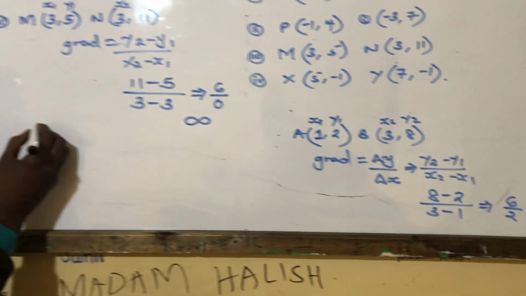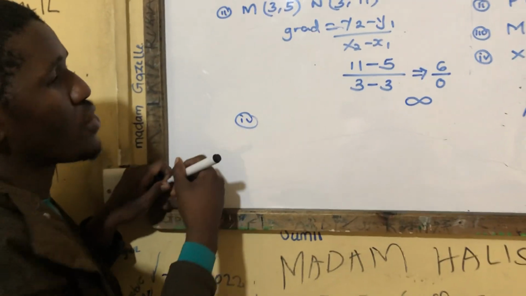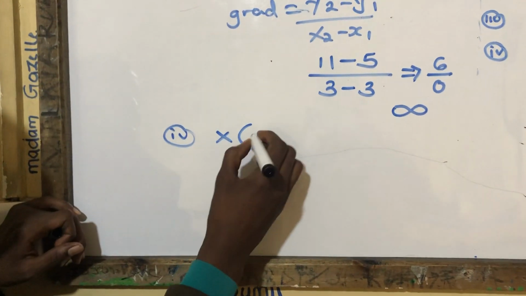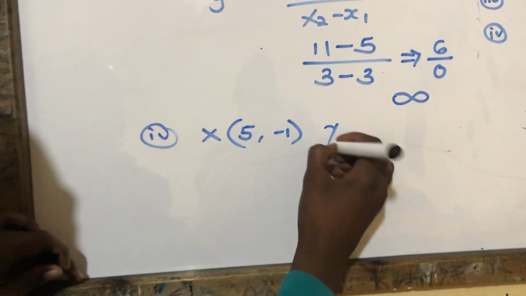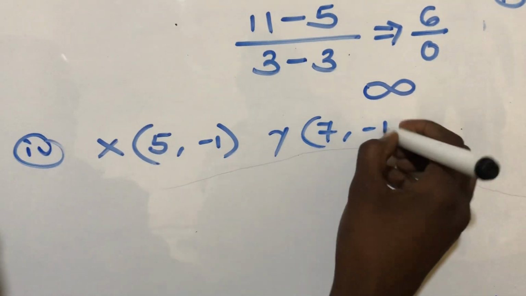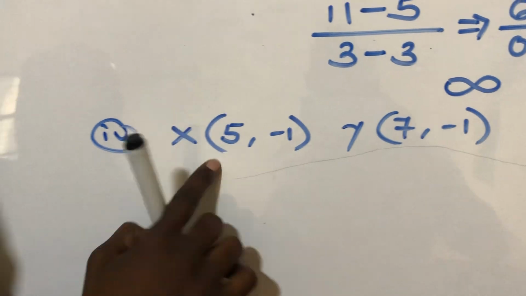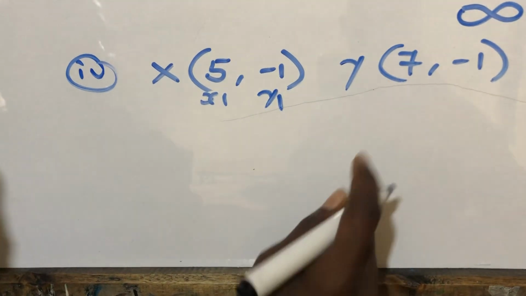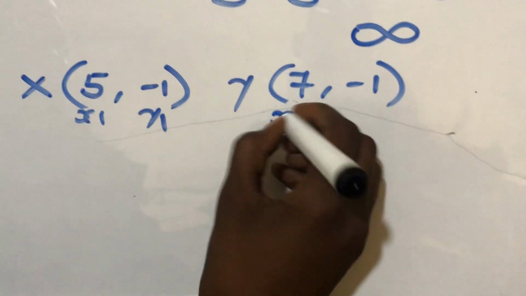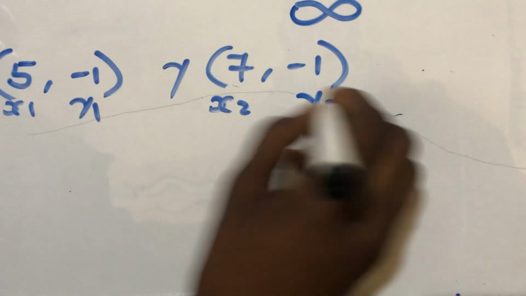What do we have in the last one? We have got x, which is 5, -1, and y, that is 7, -1. We will label this one here as x1 and this one as y1. Then this will become our x2 and this will become y2.